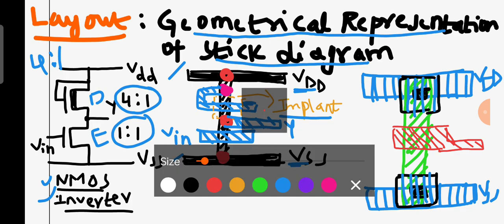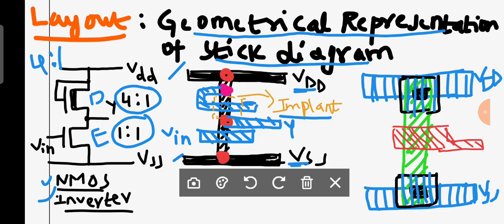Now you require an implant. You have to draw an implant in this fashion. Very carefully you can observe. It should be exactly like this.